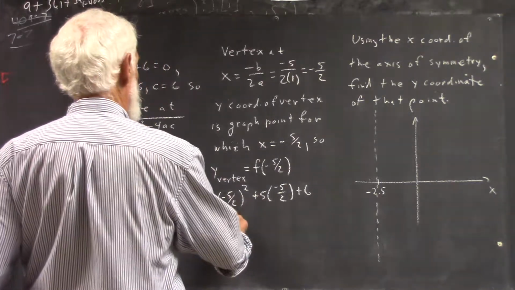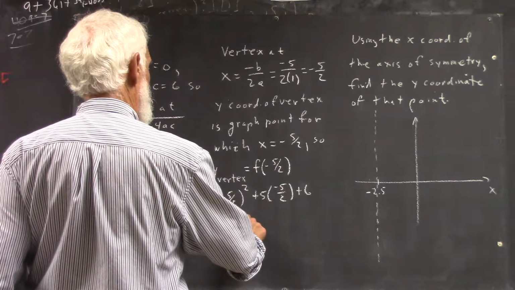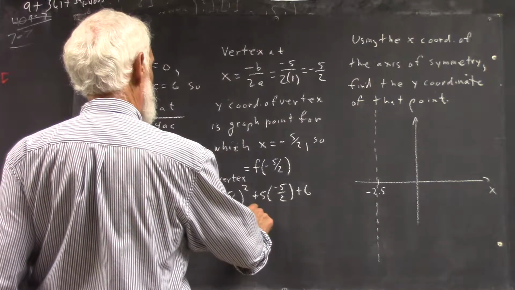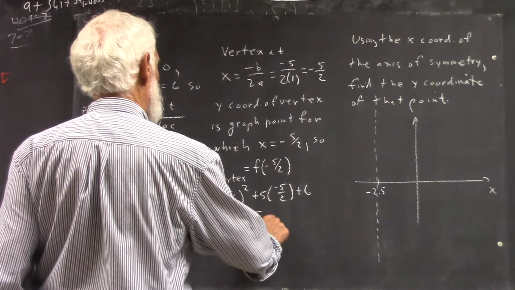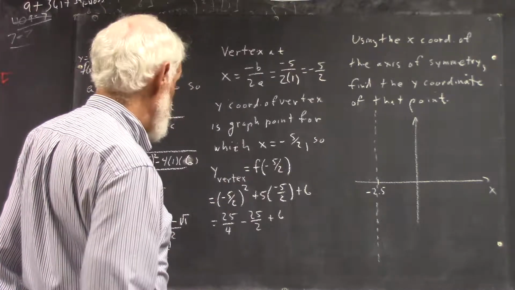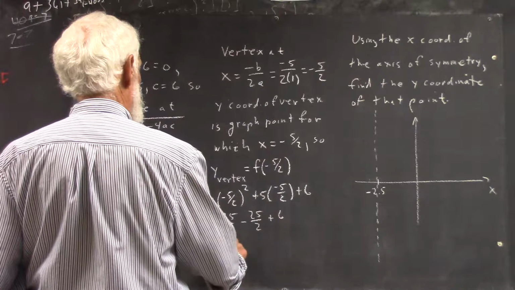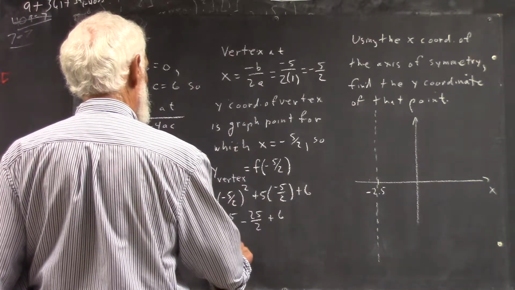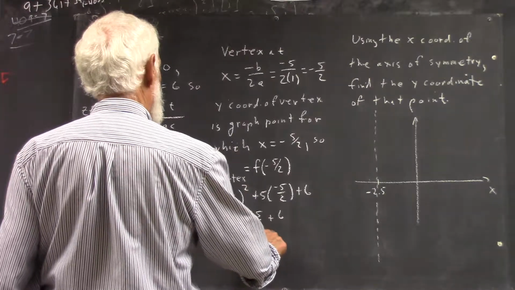And that's 25/4 minus 25/2 plus 6. Okay? And if you put all this over common denominator, it's 25/4 minus 50/4 plus 24/4.